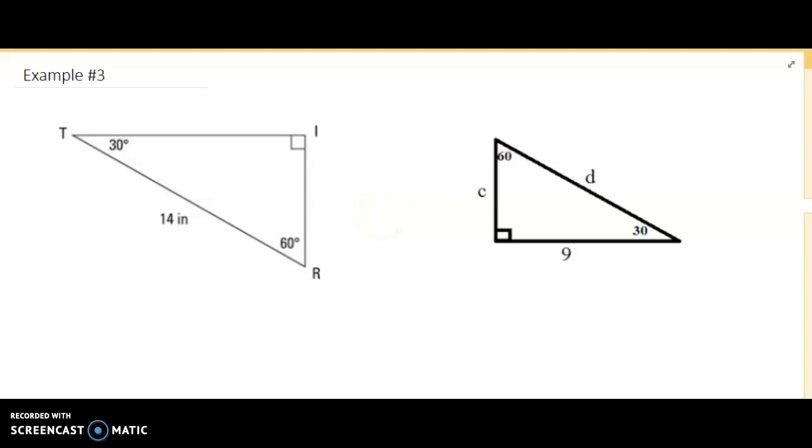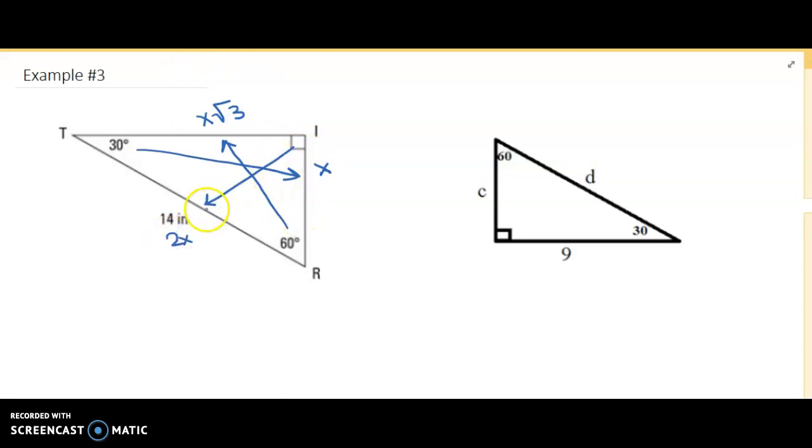Let's look at example 3. This first one over here is a 30, 60, 90 triangle. Just like I did with my 45, I'm going to label each side. Opposite of 30 is always x. Opposite of 60 is always x square root of 3. And opposite of 90 is always 2x.